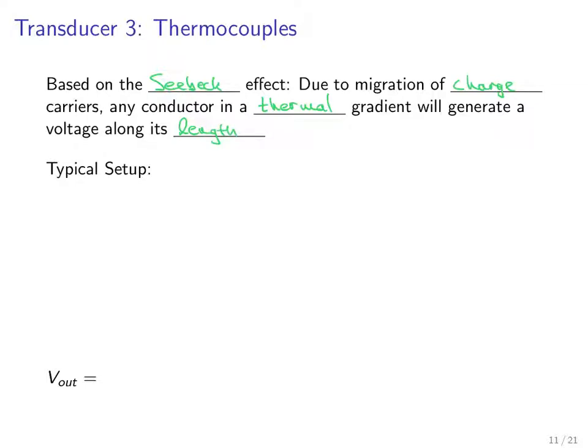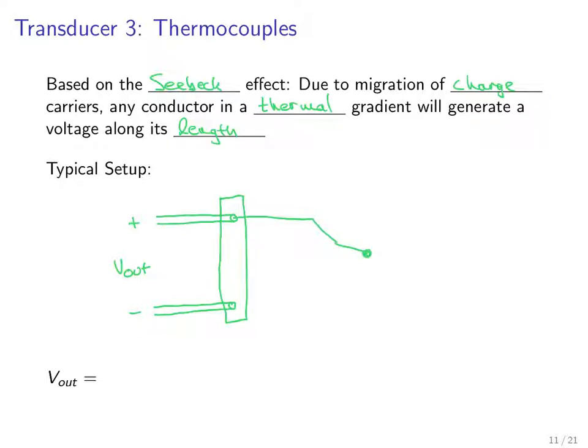So here's a typical setup of a thermocouple. You'll have these two output points across which you'll measure some voltage V out. You'll have some lead wire, which will be made from some unrelated metal to what the thermocouple is made out of. You'll have it connected to the two wires that make up the thermocouple in what's called a cold junction.